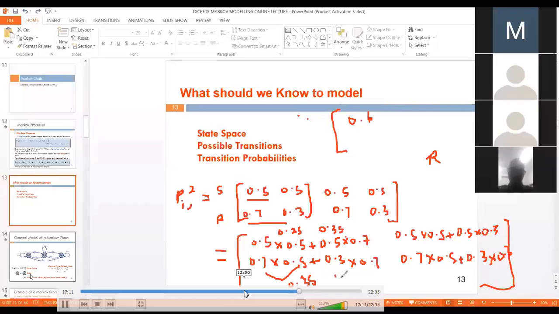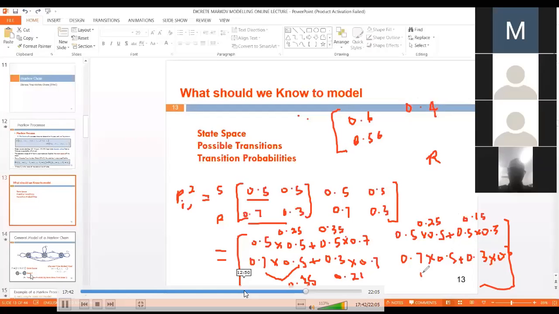This will give us 0.21. When you add, that should be 0.56. This will give us 0.25. This will give us 0.15. When we add, we get 0.4.